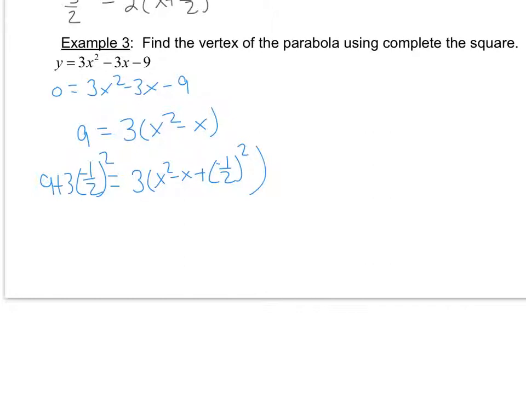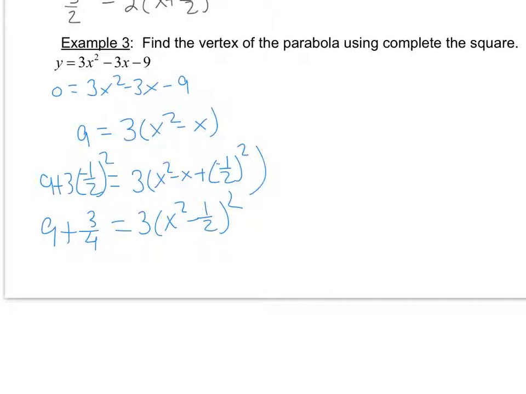So now we have 9 plus 3/4, because negative 1/2 squared is 1/4, times 3 is 3/4. And this is going to be 3 times x minus 1 divided by 2 squared. So add the 9 and the 3/4 together.